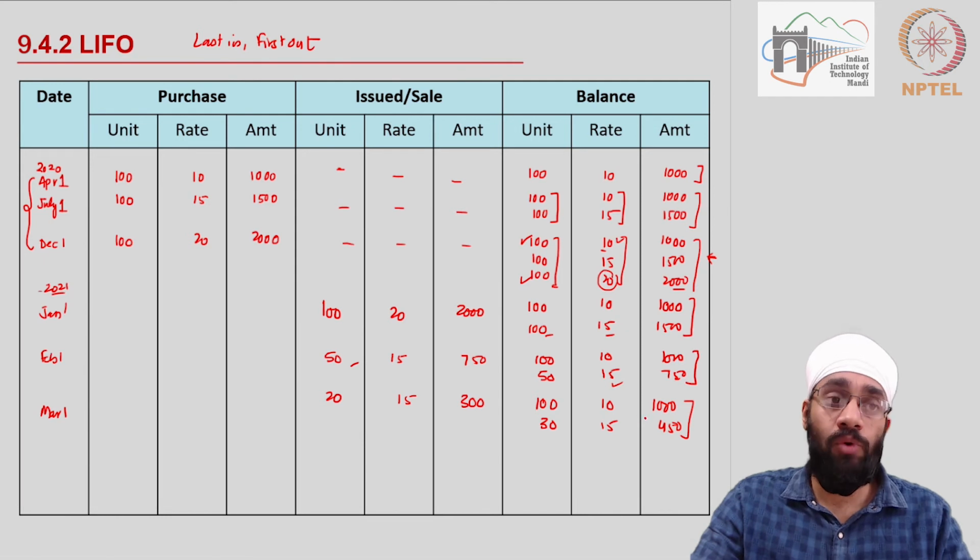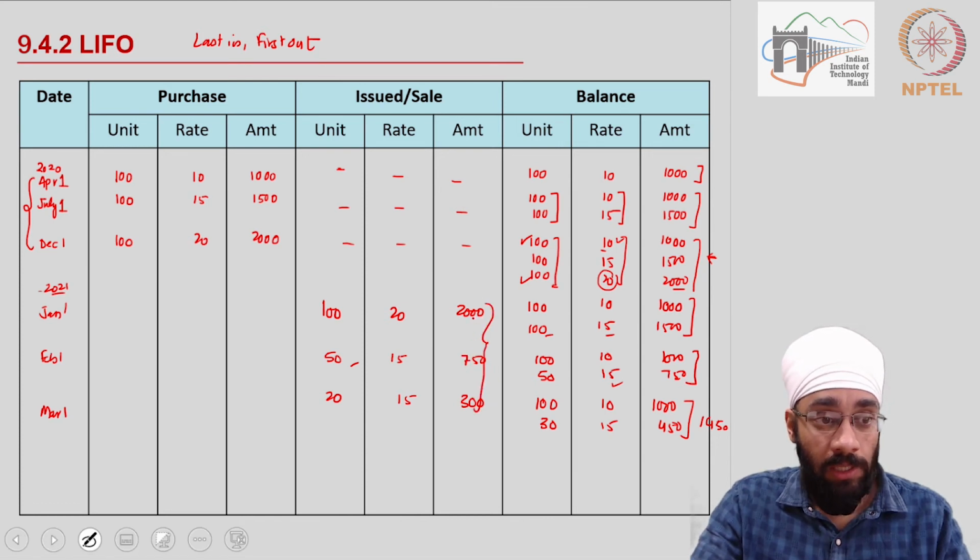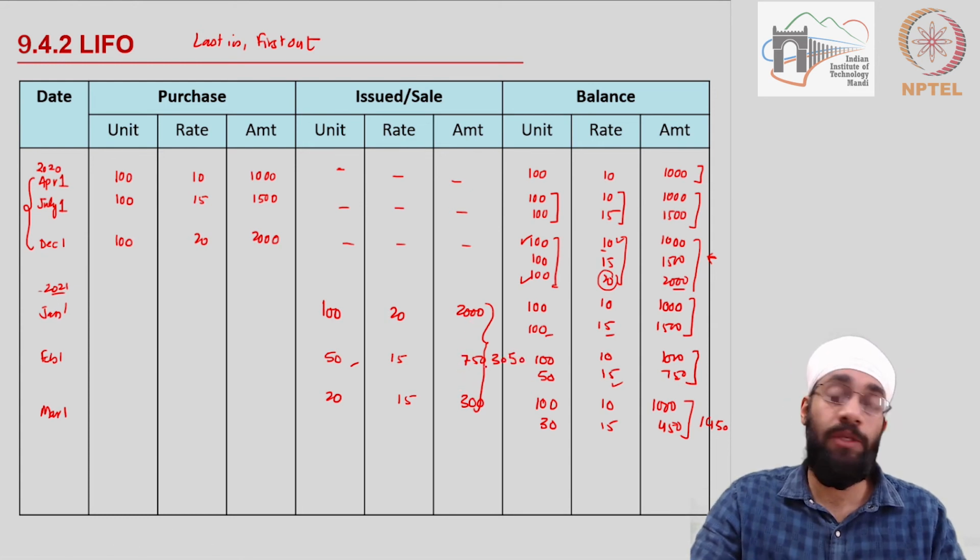So the unsold stock at the end of the year is 1450, and the cost of goods sold during the year comes out to be 3050.